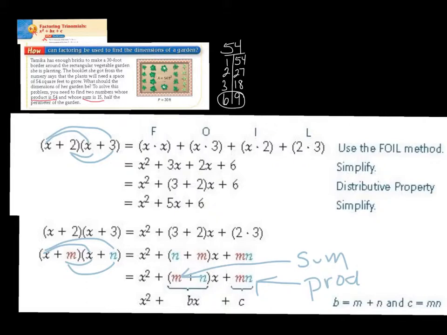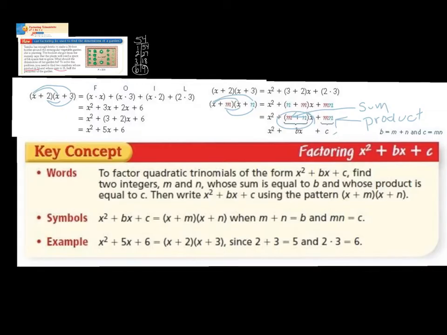So in general, when we're factoring, we're looking for factors of c that give us a sum of b. To factor quadratic trinomials of the form x squared plus bx plus c, find two integers, m and n, whose sum is equal to b and whose product is equal to c.